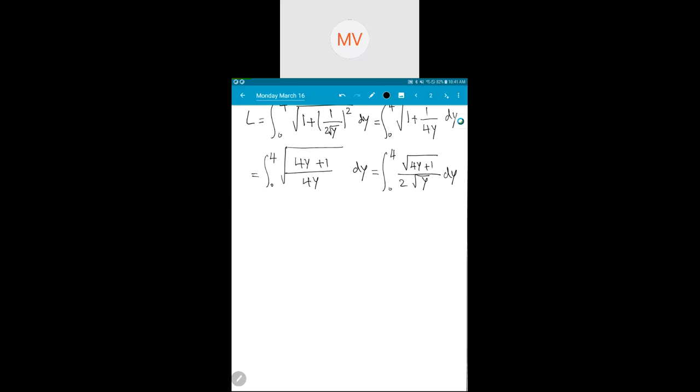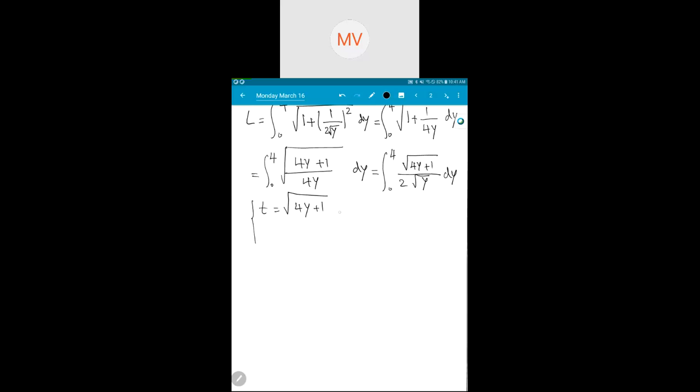So one suggestion I have is letting t be square root of 4y plus 1, because it's going to become eventually a partial fraction.